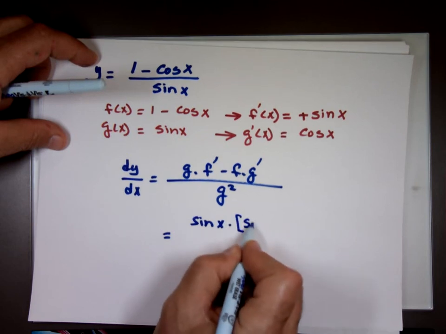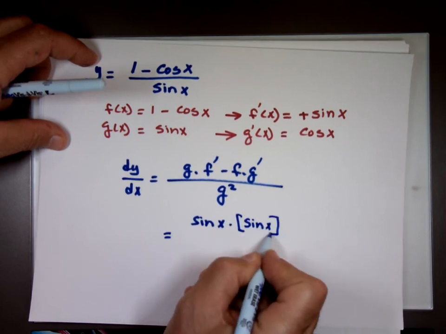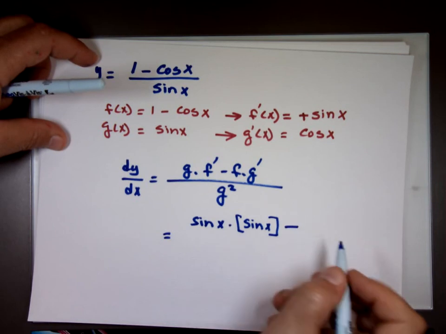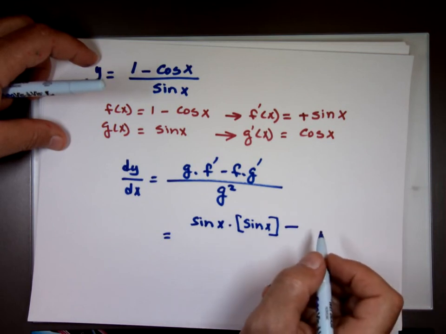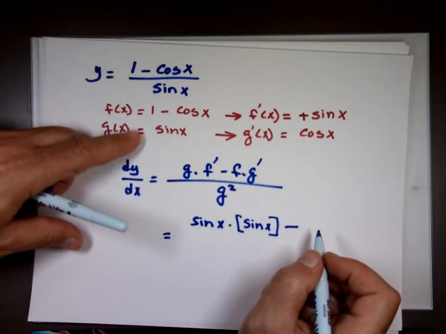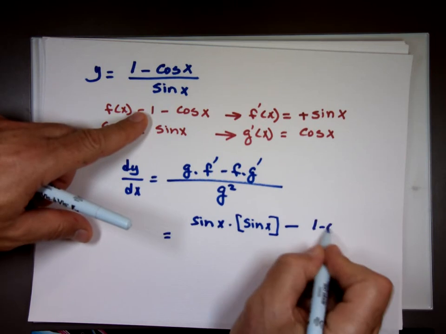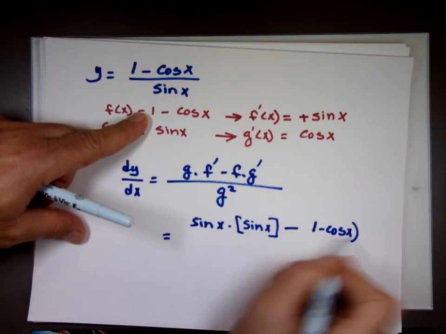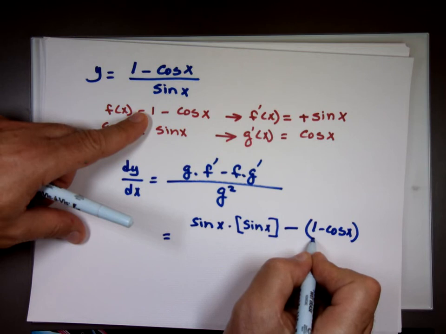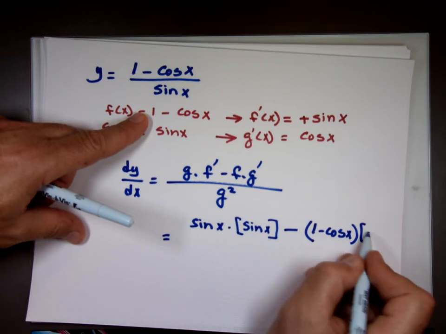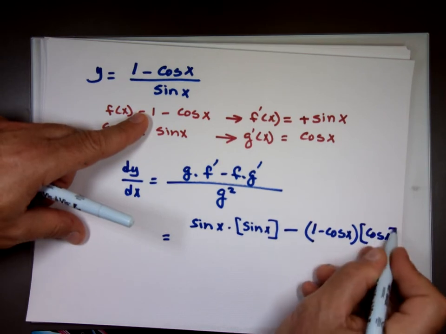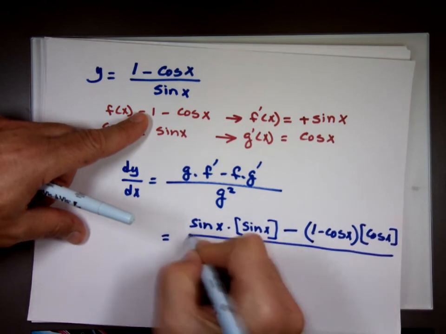Sine of x, minus f of x, which is 1 minus cosine x, times what? G sub prime, which is cosine x, over g sub x squared.